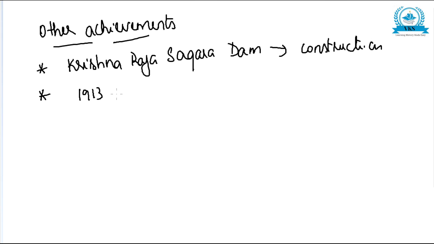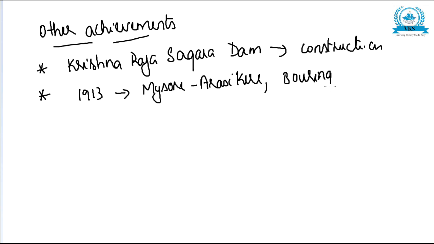In 1913, two important railway lines were made, that is the Mysore Arasikare railway line, and one more railway line was Bowringpet Kolar. These two railway lines were laid in 1913.